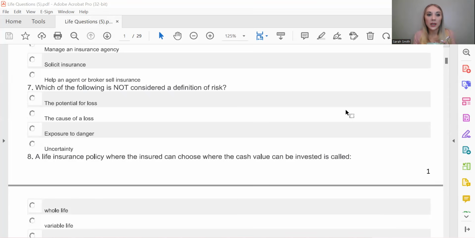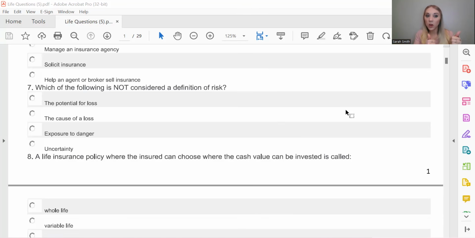Which of the following is not considered a definition of risk? And this one's going to be the cause of a loss. Now, if you look at the word risk, obviously risk means the potential for danger, right?